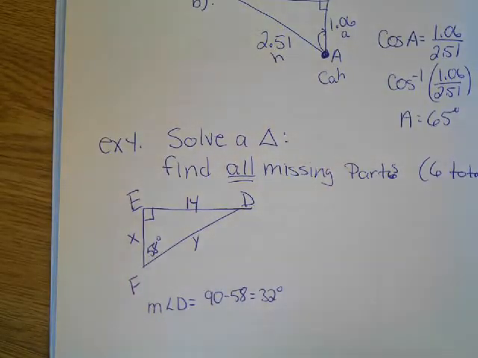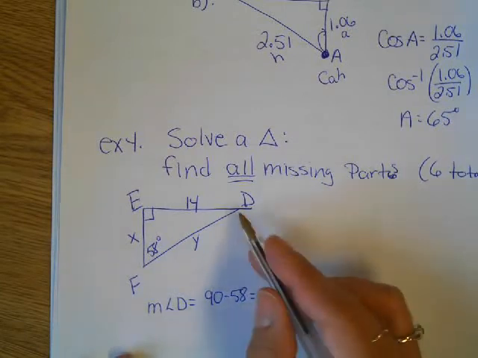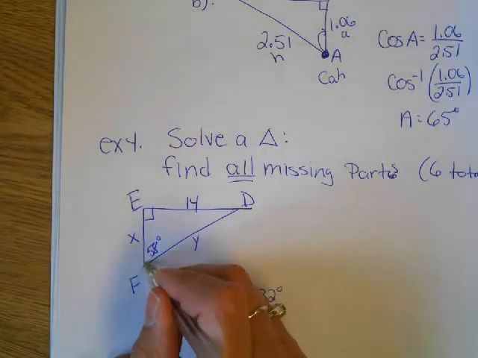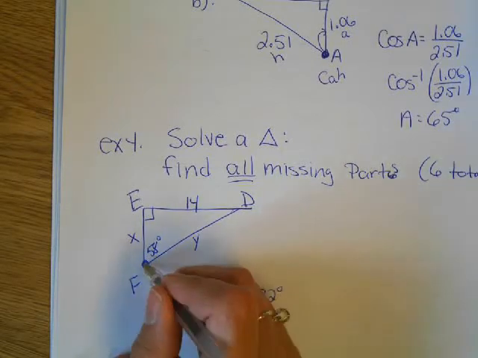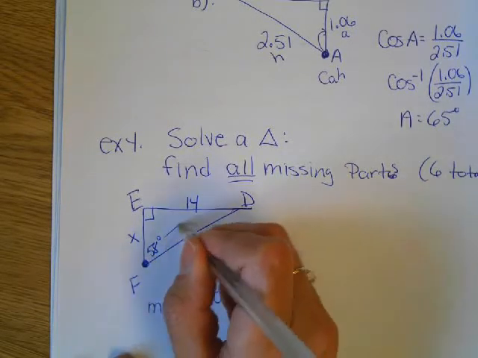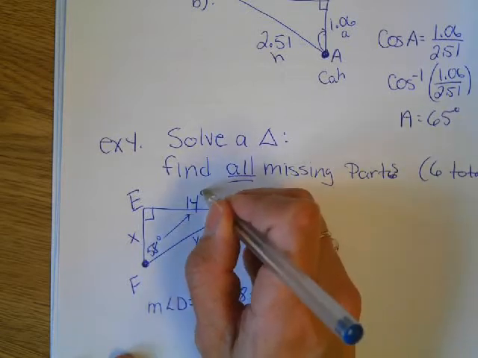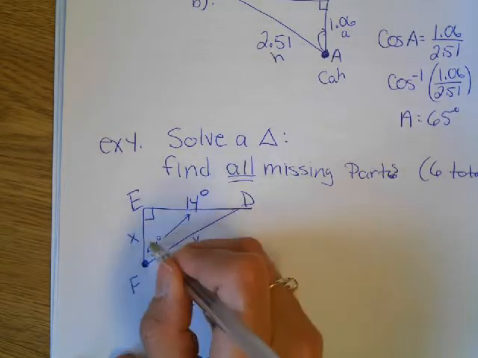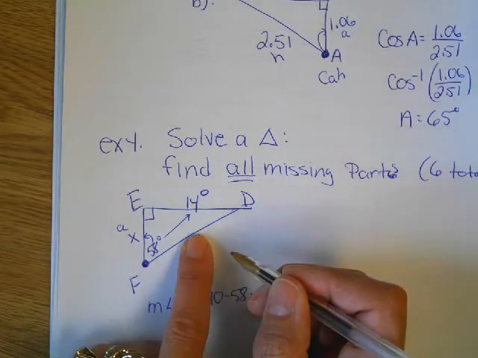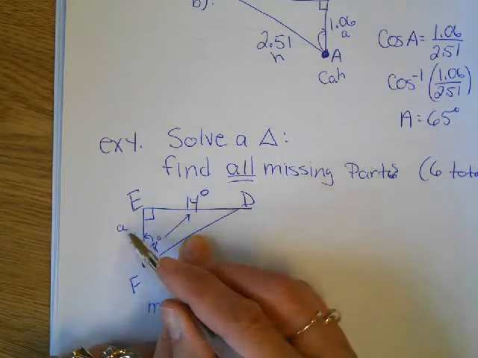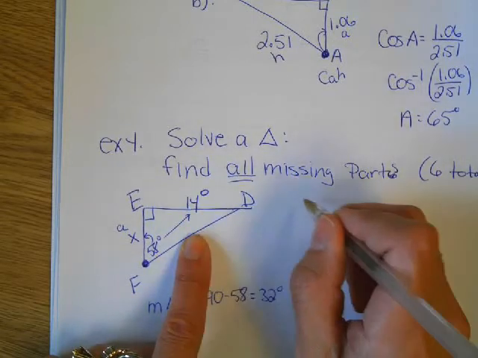You should be getting pretty good at it by now. Because I know angle D, I can stand here, but I'm going to choose to stand at the given angle just in case I made a mistake there. So if I stand here, that is the opposite. And I think I'll go with the adjacent and hold off on the Y for now. So opposite and adjacent, that's TOA, that's a tan.